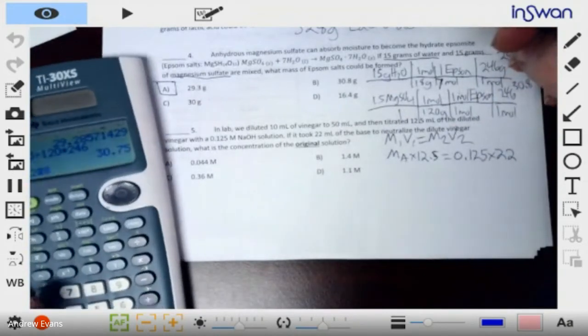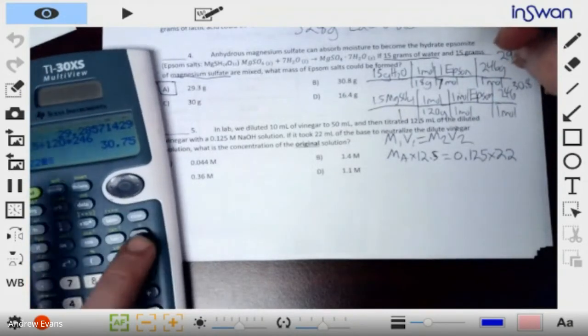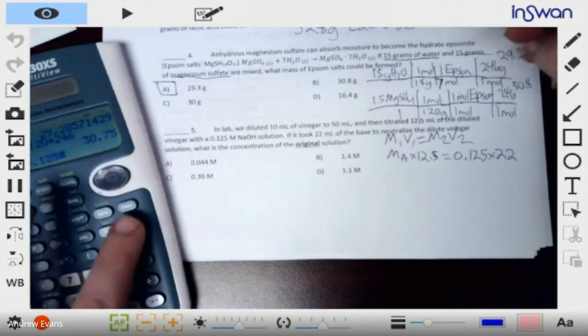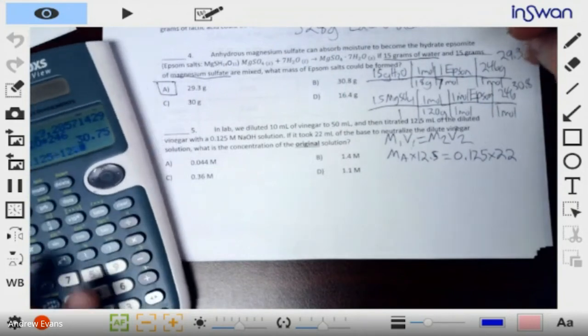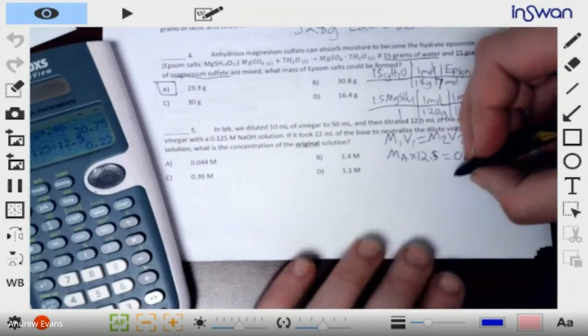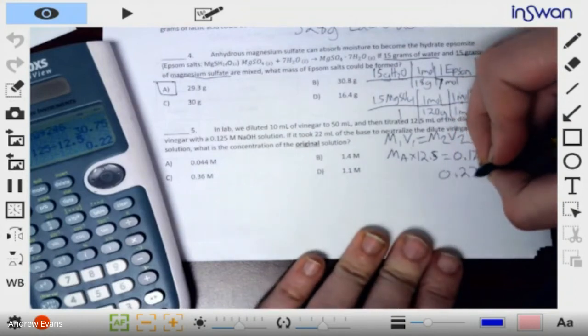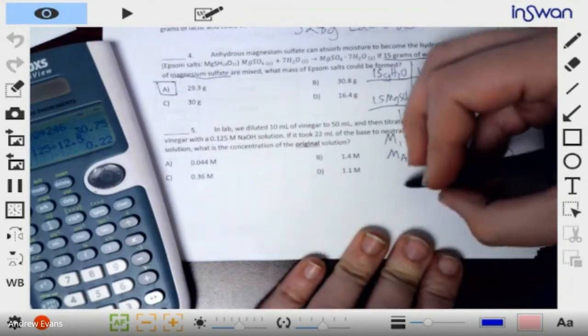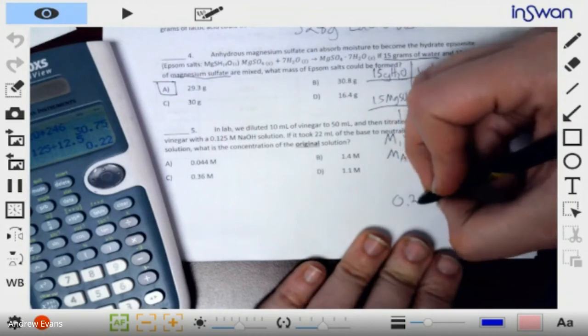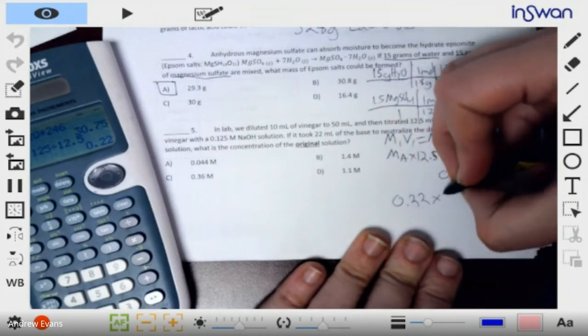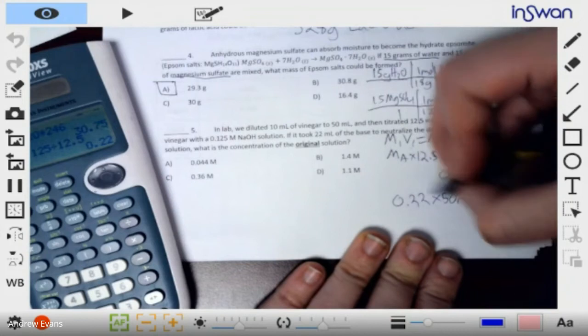So let's first calculate the molarity of our dilute acid. So 22 times 0.125 divided by 12.5 gives us 0.22. Now that 0.22 was originally from a 50 mL solution.